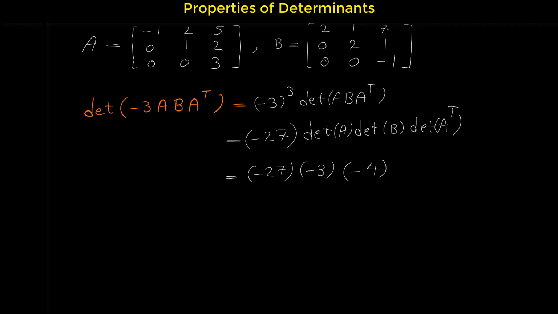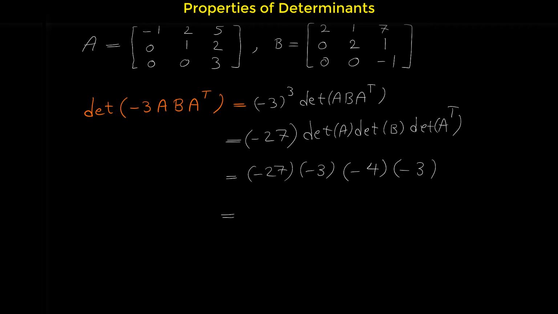But how can we find the determinant of the matrix A transpose? Again, from the previous video, if you remember, the determinant of the transpose of a matrix is equal to the determinant of that matrix. There is no difference between them. So, because determinant of the matrix A is negative 3, determinant of A transpose is also negative 3.